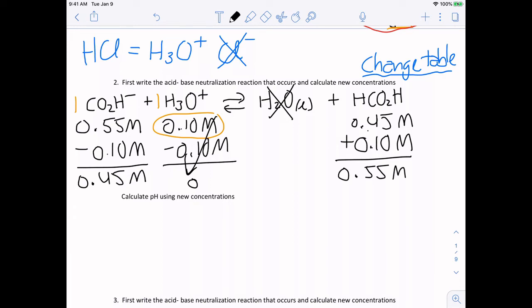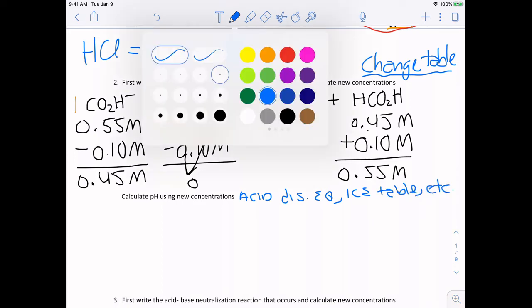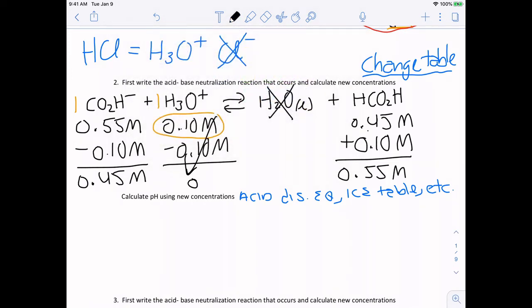The next thing we're going to do is essentially do part 1 again. So it's a common ion problem, but we're going to use the new concentrations. So you would write the ice table again. So you'd write your acid dissociation. I'll see if I can write this really small. So ice table, I'm going to start with my formic acid.